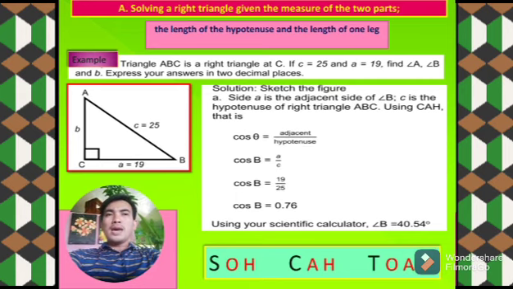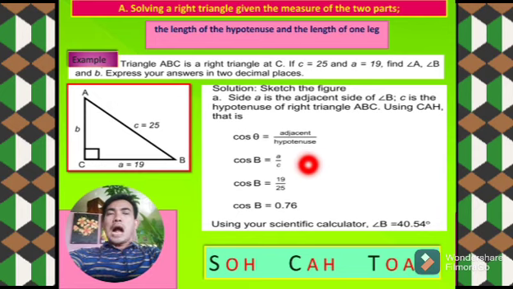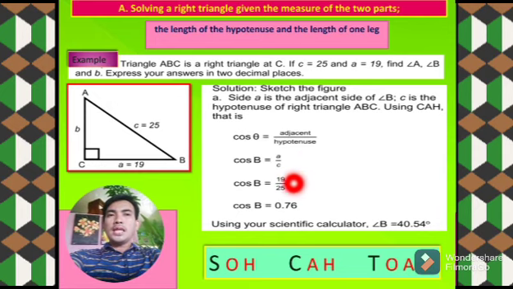That's why using CAH or cosine is equal to adjacent over hypotenuse, you could use a over c, where our side a is equal to 19 and side c is equal to 25.